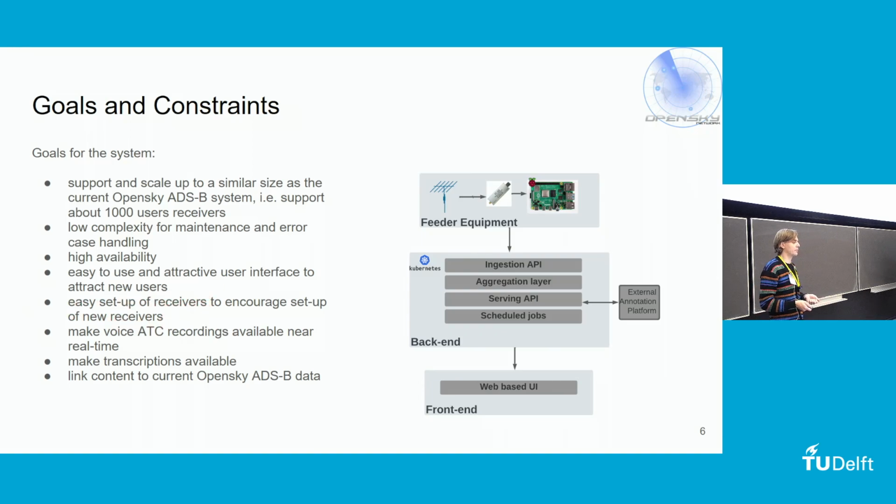The receiver setup has to be easy and easy to maintain. Then make new data available with the voice recordings together with the transcriptions. And at some point in time, it would be nice if those two different data sets, ADS-B and trajectory data on one hand, and the voice data on the other hand, can be merged or linked together somehow. That's one of the goals.